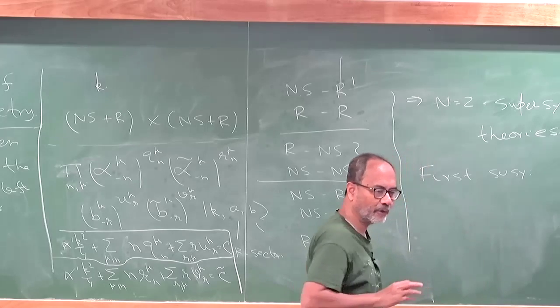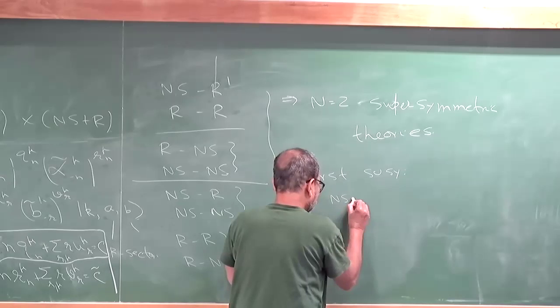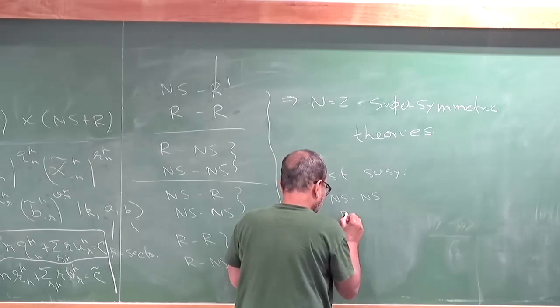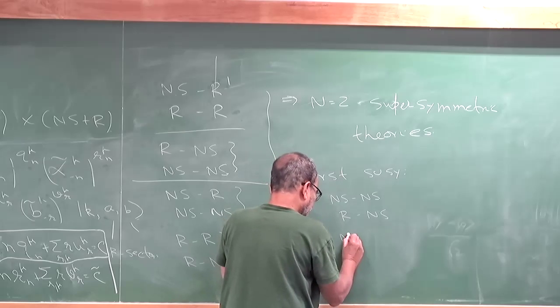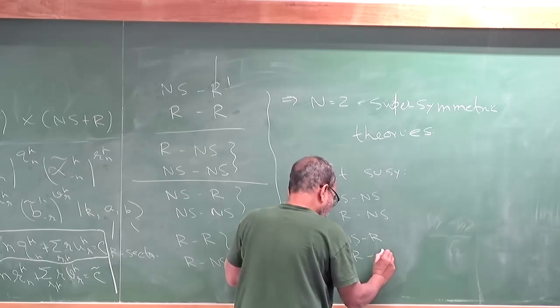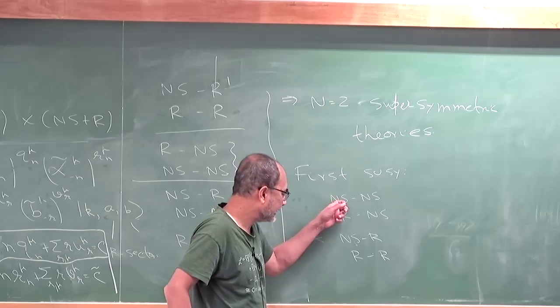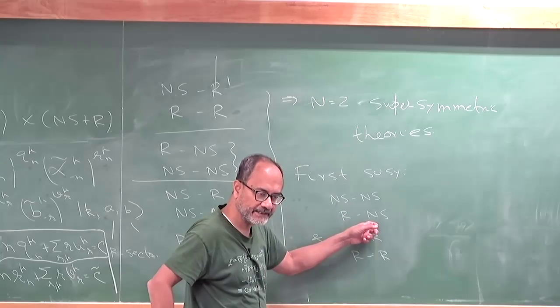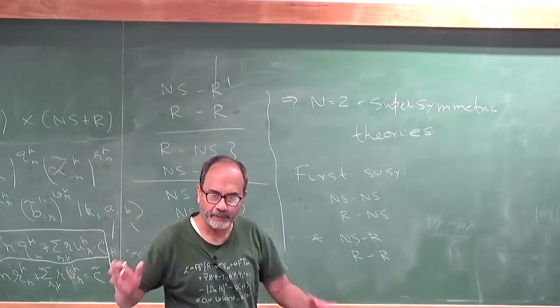The first supersymmetry relates NS-NS to R-NS and NS-R to RR. It's the same supersymmetry. If you take an NS sector to R-NS sector, the same supersymmetry will also take an NS-R to RR. So that's one supersymmetry.